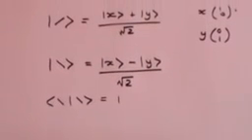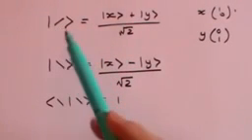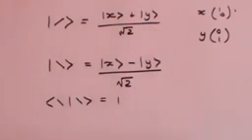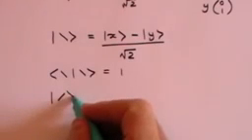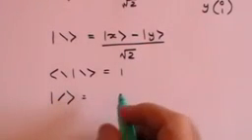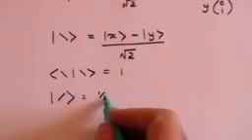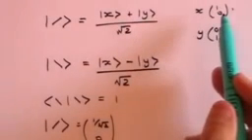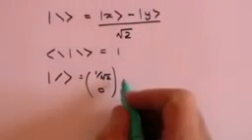So let's just calculate what the actual vectors are going to be in their sort of column vector form. The forward slash is going to be x over root 2, which is 1 over root 2 and naught, and the y is going to be naught and 1 over root 2.